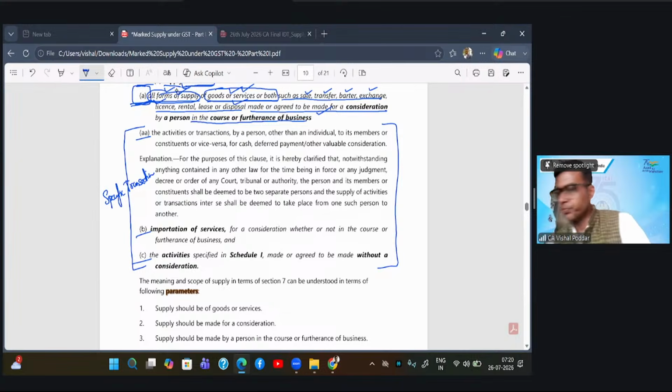Now students, you have to understand this particularly with the help of day-to-day examples. Today, when you are going to a shop to buy a laptop or a mobile handset, you have to test whether it will be a supply.